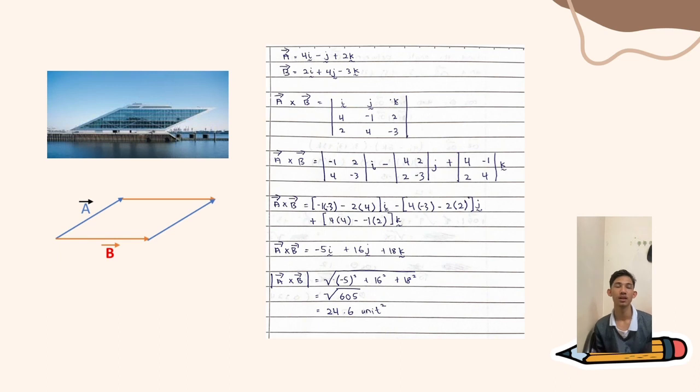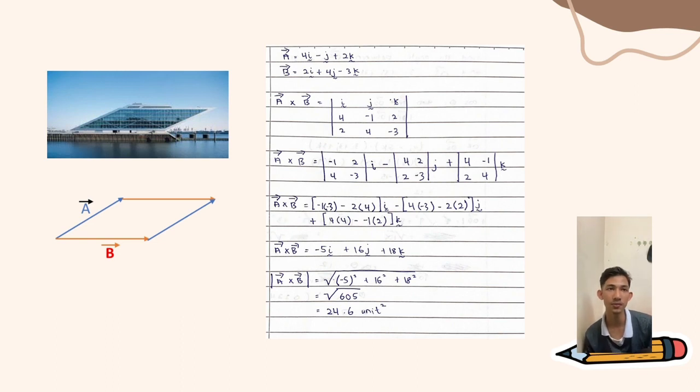For this question, we use the vector cross product, like we solve an equation for a matrix. Vector A cross vector B equals i, j, k, with 4, negative 1, 2 and 2, 4, negative 3.